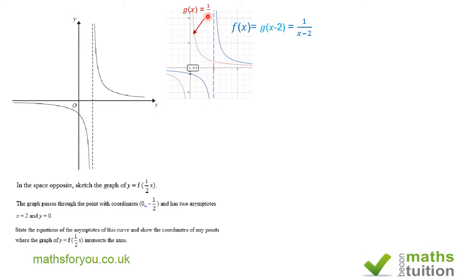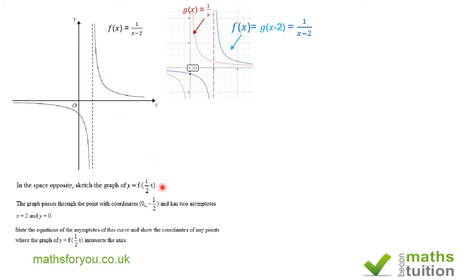So we effectively replace x in the parent function with x minus 2. So we then have that f of x is equal to 1 over x minus 2. So this graph given to us in the original question is a graph of y is equal to 1 over x minus 2.